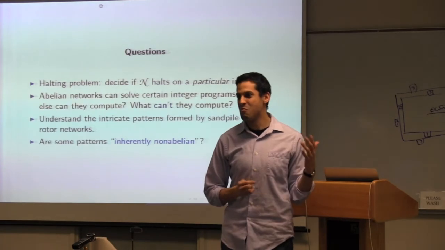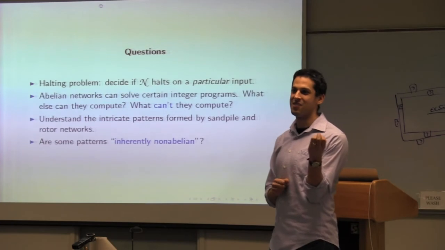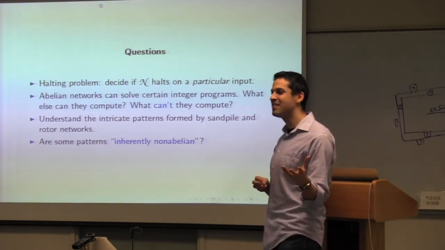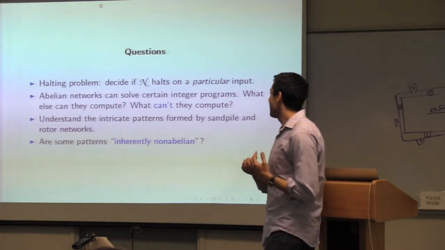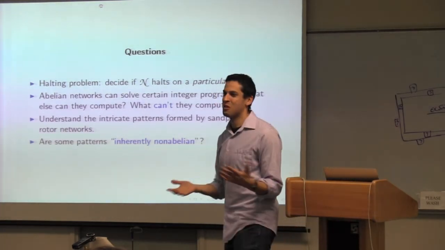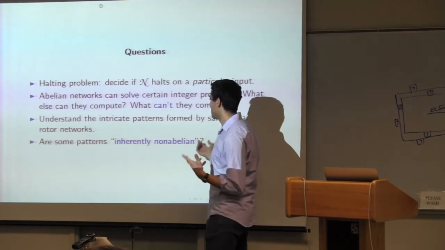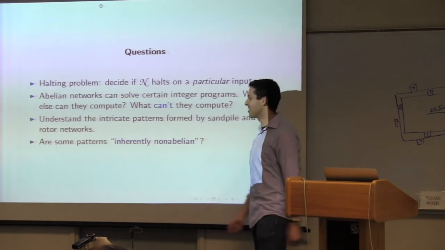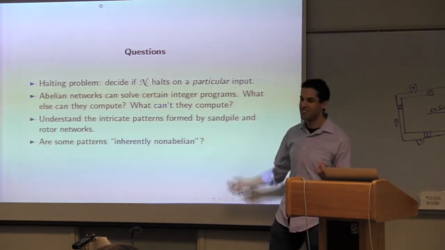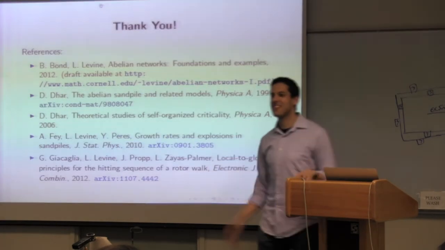You could take the same viewpoint to cellular automata and say, suppose I don't know what the update rule of my automaton is. All I can see is macroscopically what its behavior is. What could I then infer about the underlying rule? So in particular, are there some kinds of behavior that are just too complicated to be generated by an abelian underlying rule? Are there some inherently non-abelian patterns? Okay, thanks a lot.